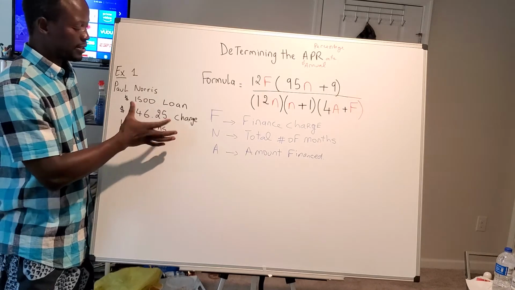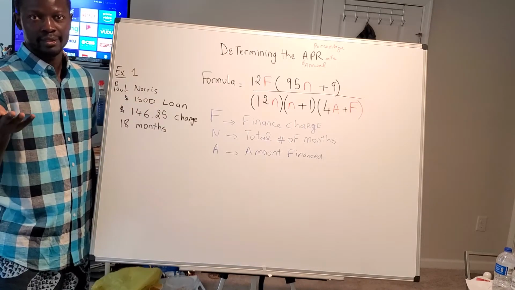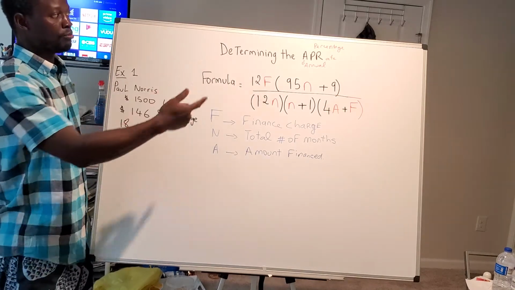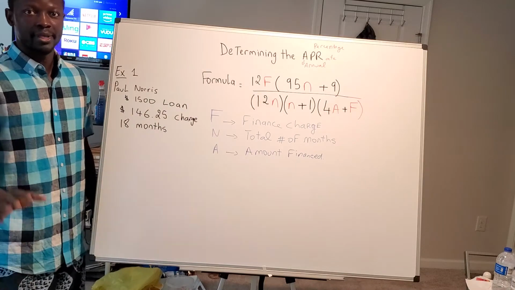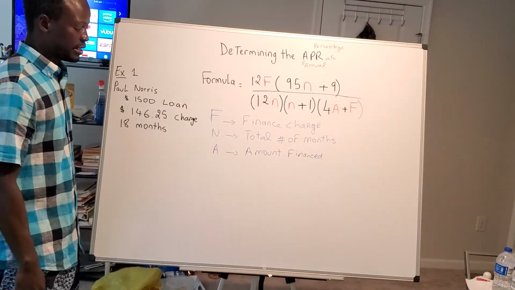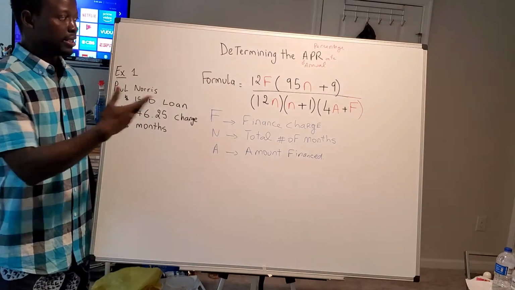So for 146 for $1,500, it's not a lot. So I can tell you that the APR, the annual percentage rate, would be less than 20%, because 146 for a year and a half is decent. Okay, so now knowing that, all you have to do is just plug it into the formula.